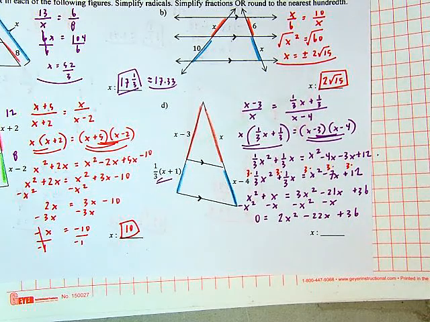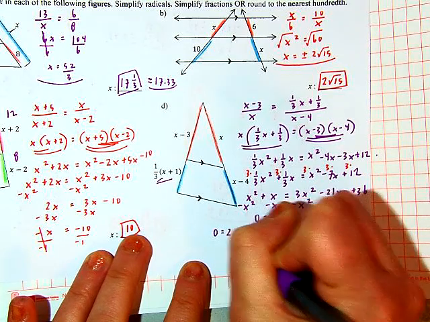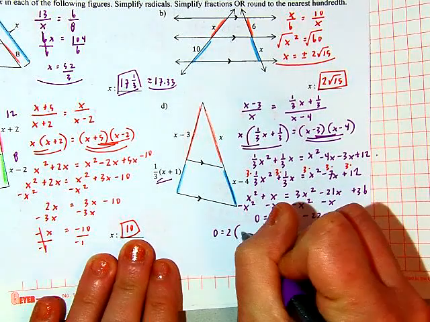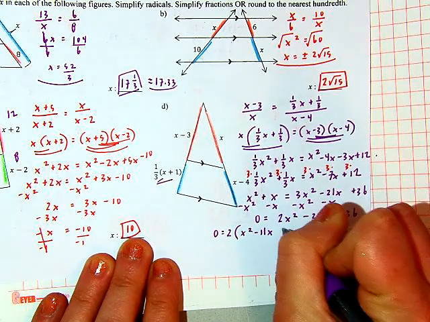Okay, so when I run through my list of things to do for factoring, my very first thing to do is look for a GCF. Do I have a greatest common factor? I do. It's a 2. So here I'm going to divide out that 2. And what's left behind is x squared minus 11x plus 18.